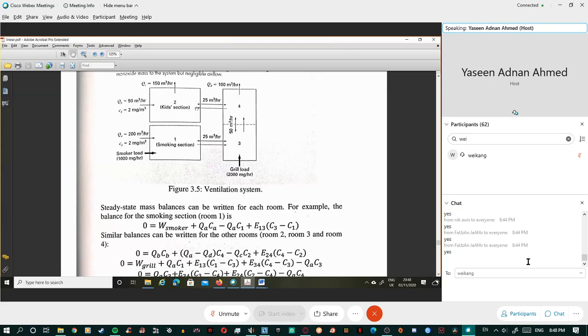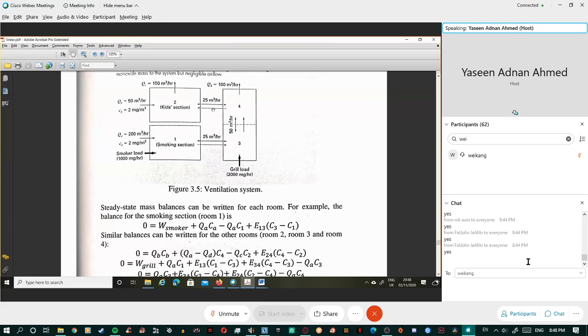QA is coming in and QD is going out. So what is coming in should be QA minus QD multiplied by C4. You can see there is no inlet here, that is not QA, this is a direct load. We have QA going here, this is also QA, but this is QD, so that should be QA minus QD. If there is no QD here, the QA will be the same. But here something is going out, so that should be QA minus QD multiplied by C4 because it's coming from C4.